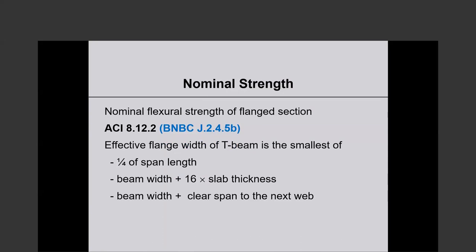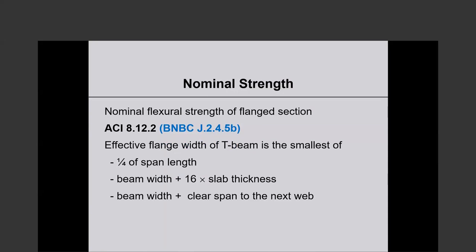ACI 318 as well as BNBC gives you the effective flange width that you should use in calculations. The BNBC provisions are, for whatever reason, in Appendix J, not in the main body, if I can call it that.